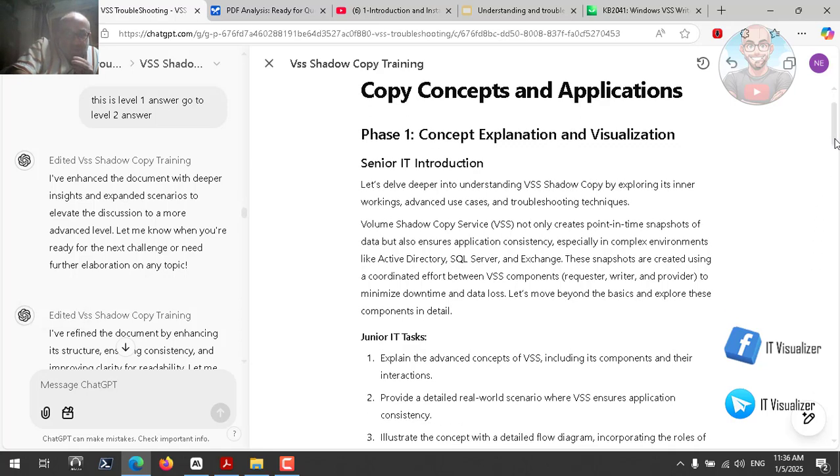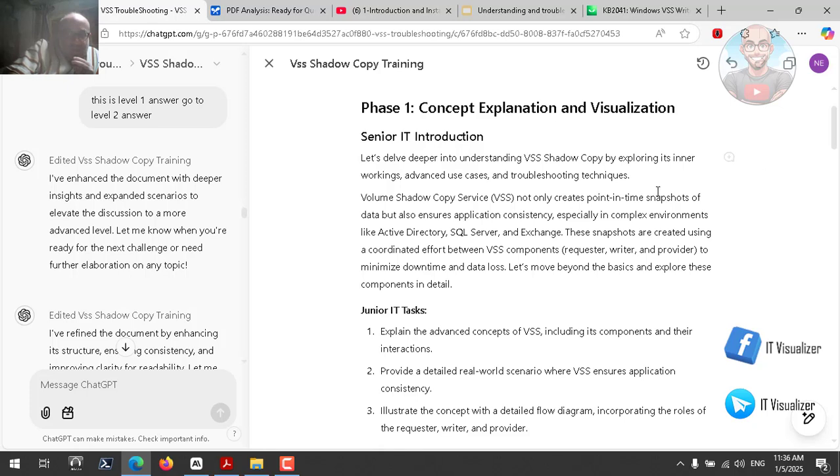Volume shadow copy not only creates a point-in-time snapshot of data, but also ensures application consistency, especially in complex environments like Active Directory, SQL Server, and Exchange. So all of these are working around the clock, so volume shadow copy is a better solution to take backup of these running applications or databases. These snapshots are created using a coordinated effort between volume shadow copy components: requester, writer, and provider.